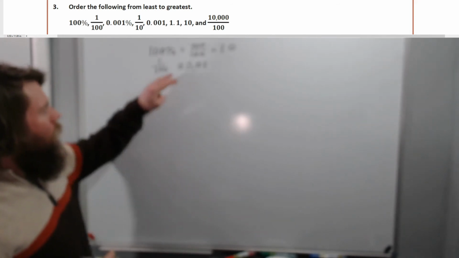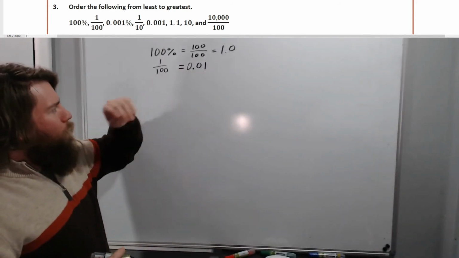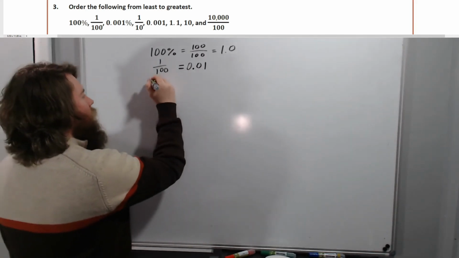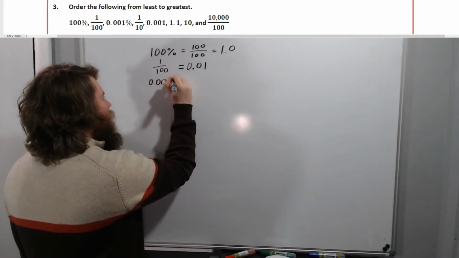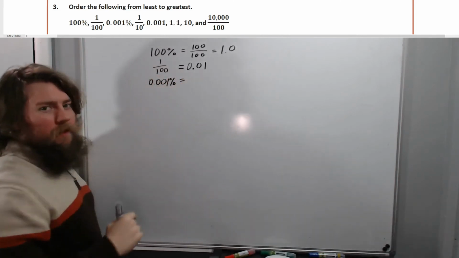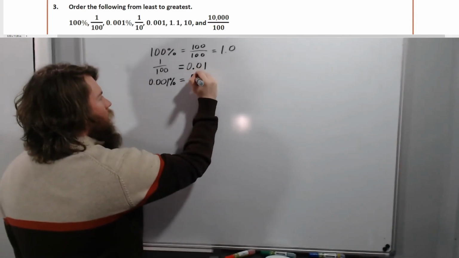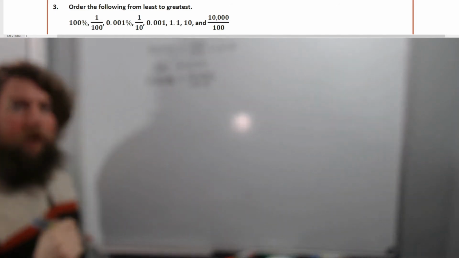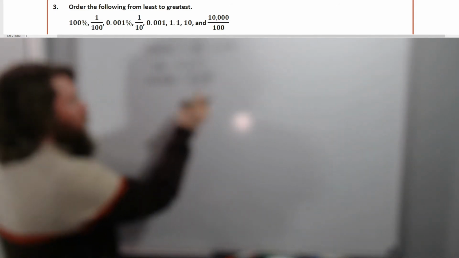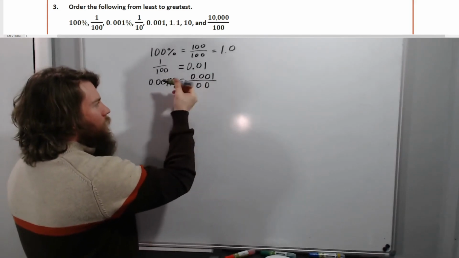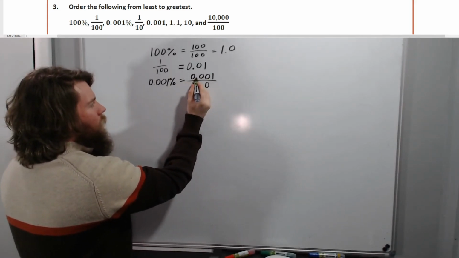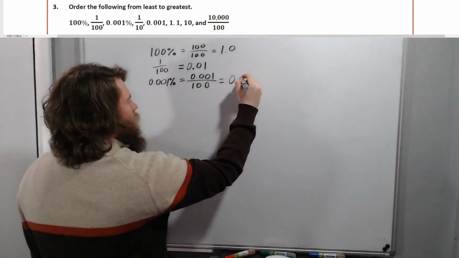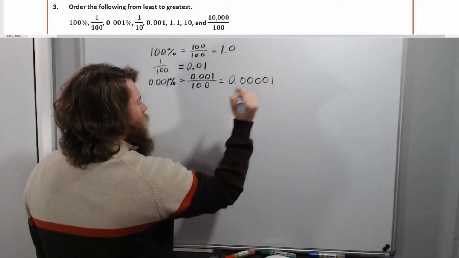So the next one we have is 0.001%. We have a percent, so that means we need to take 0.001 out of 100. Again, we're dividing by 100, so the decimal point is going to go to the left 2 places. So we end up with 0.00001.